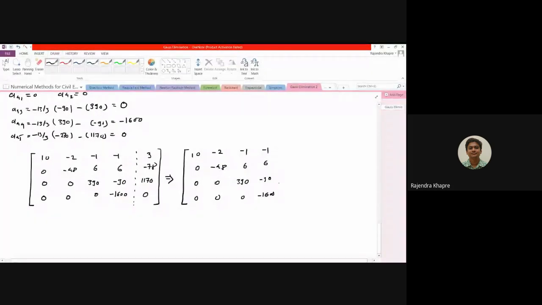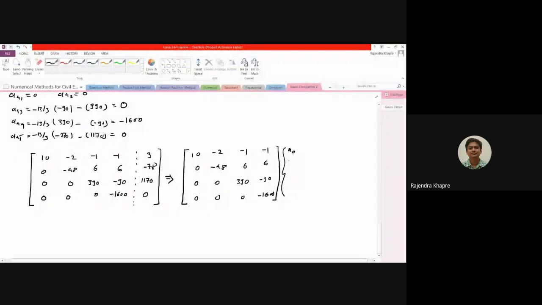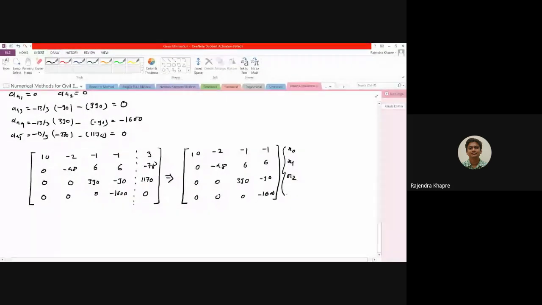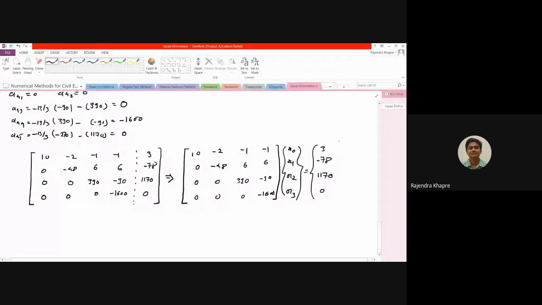So this is the matrix. In the problem it is mentioned x0, x1, x2 and x3, so I'll write down x0, x1, x2 and x3, and this will be equal to 3, minus 78, 1170 and 0. Okay, students, is it okay up to here?